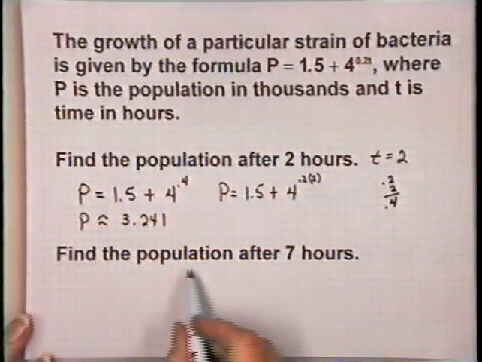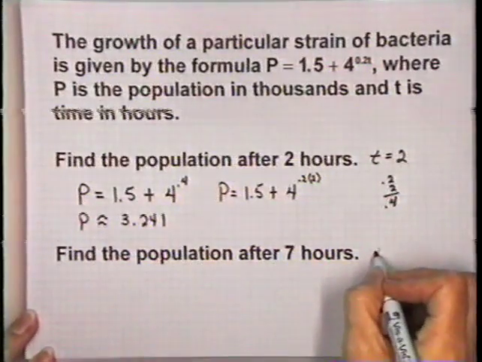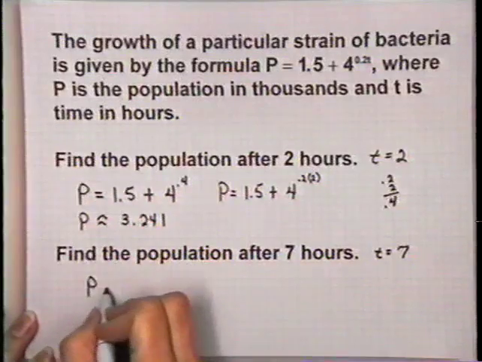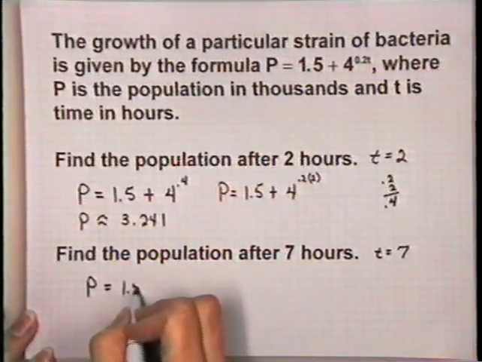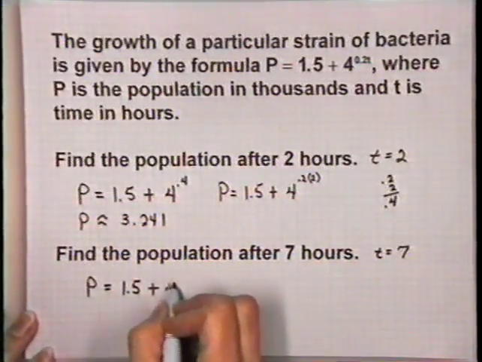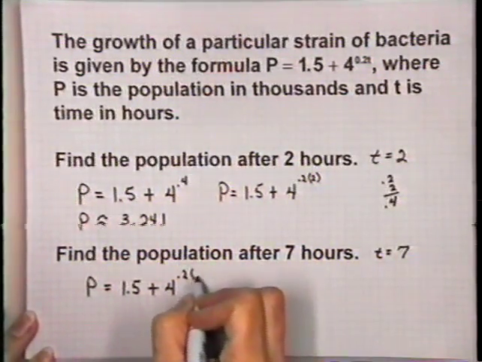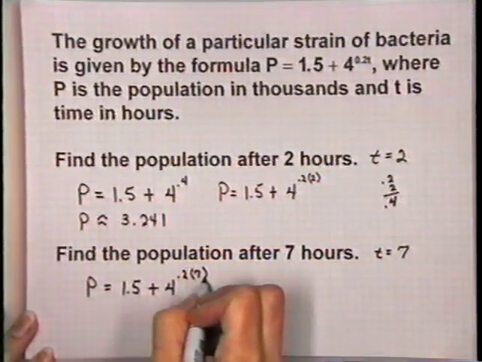Okay, now we want to find the population after 7 hours. So we're going to let t equal 7, aren't we? Okay, so p equals 1.5 plus my base of 4, and up here in the exponent I have 0.2 times my t of 7.